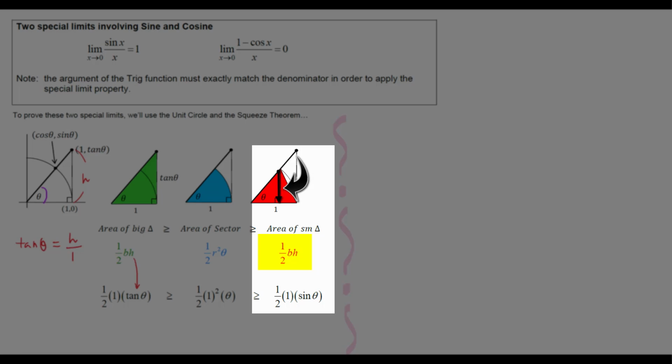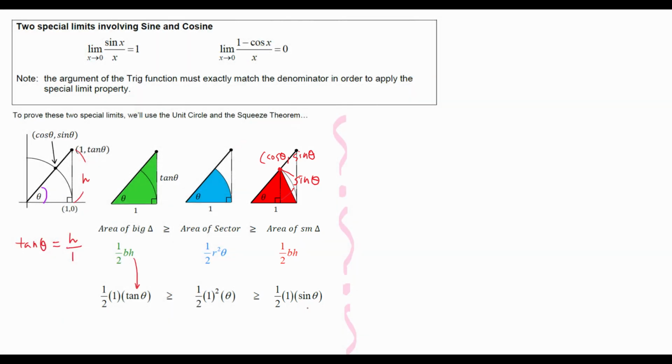As we pointed out, this point right here is (cosine theta, sine theta), so the height of this length is sine theta. Therefore, the area of this red region will be 1/2 times base 1 times height sine theta.